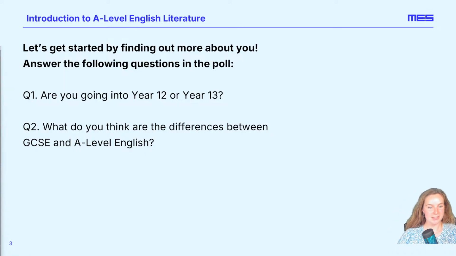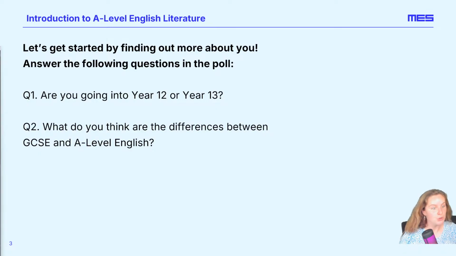Okay, I'm seeing a little bit. Reckon it's harder. Yeah, absolutely. Well, harder is a tricky one, because if you like English and what English is about, it's really not. It's much more what English is. And if you like English a lot and you sort of felt that there was a bit of distance between the English that you loved and GCSE English, where you're memorizing quotations, you're drilling, you're sort of being given lines of argument, and seeing quite a lot of the rules of English, and particularly GCSE English, then this is very different.